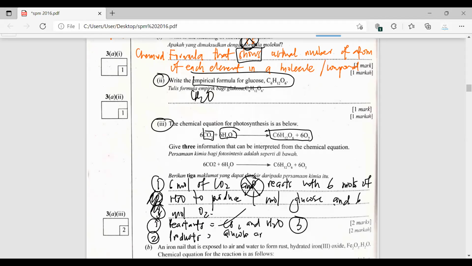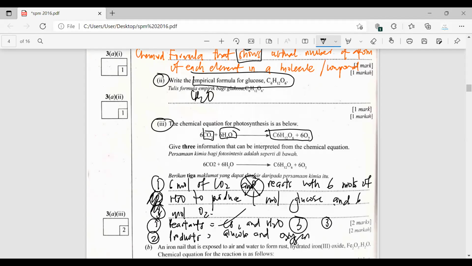What's my last mark? Okay, so I already got 2 marks. I didn't follow the way that Brandy did earlier on. So how can I get the 3rd mark here? Same thing. You are going to say 6 moles reacts with 6 moles, you're going to get 1 mole and 6 moles of oxygen.